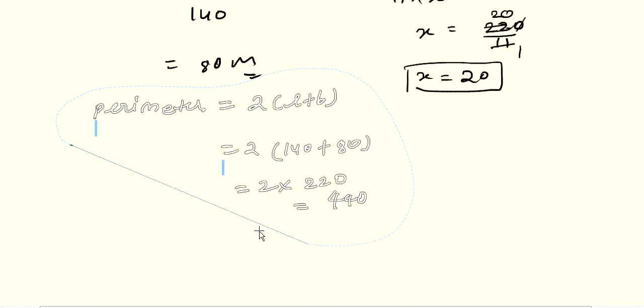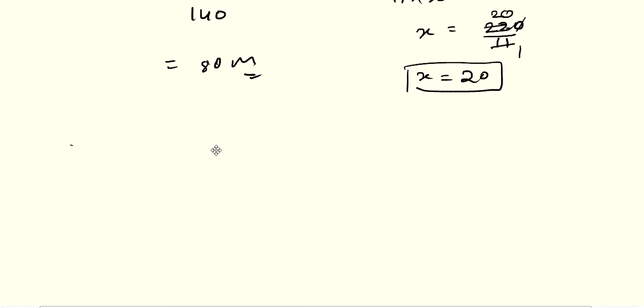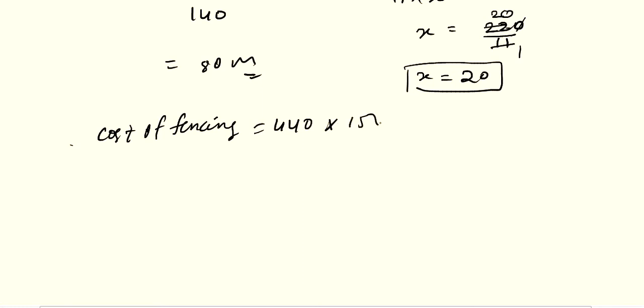The 440 is given to you as the perimeter, so directly you can find the cost of fencing. Cost of fencing equals perimeter 440 times the cost of 150 rupees per meter. Multiplying 440 and 150, the answer will be rupees 66,000.